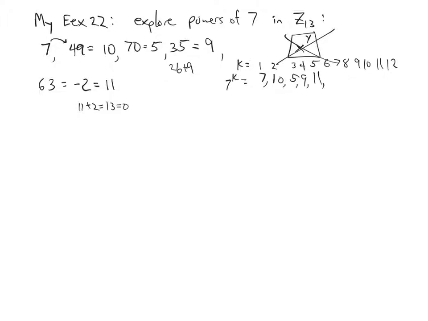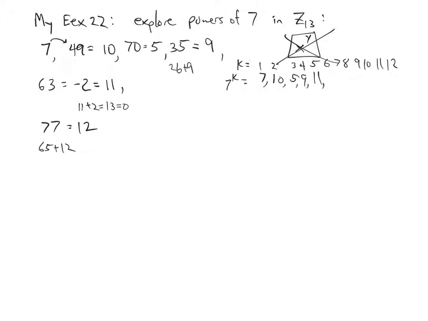Okay, so carrying on. The next one is 7 times 11, 77, which is actually 12, because 78 is a multiple of 13, I believe. You can also look at 65 plus 12 is 77.